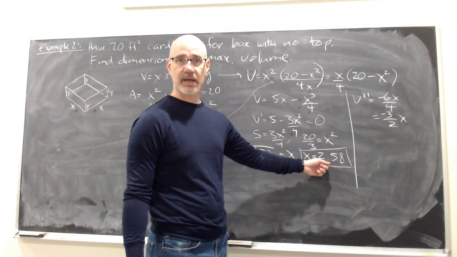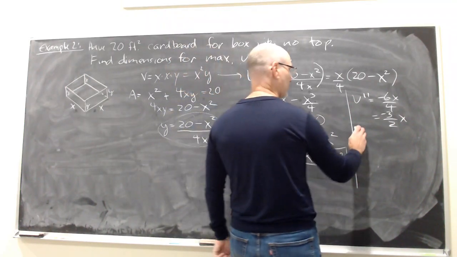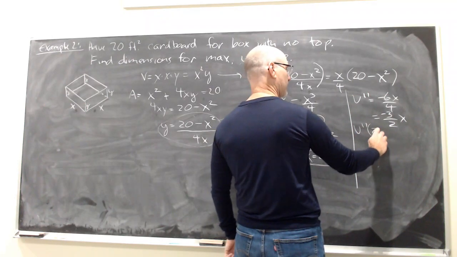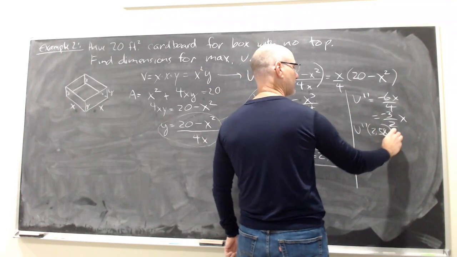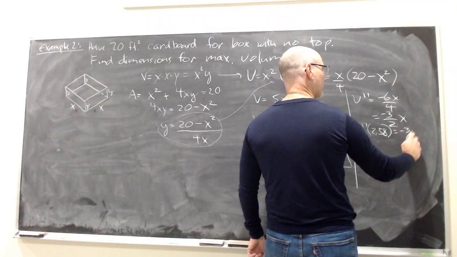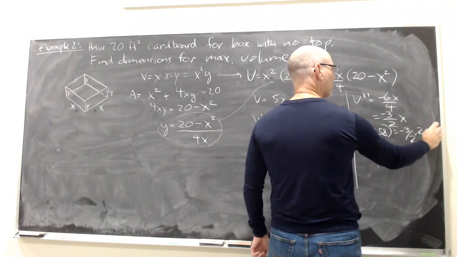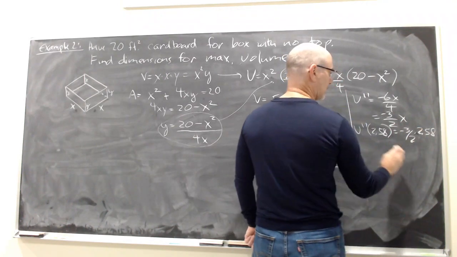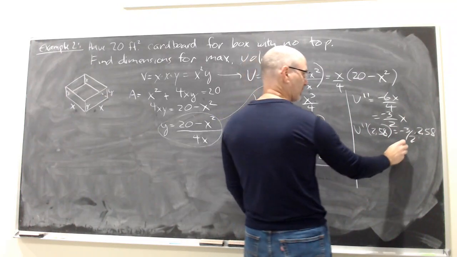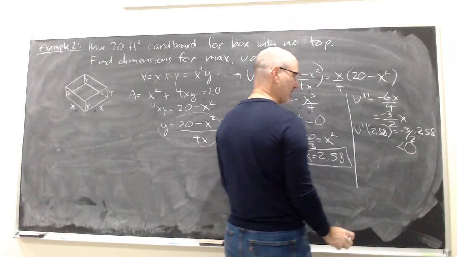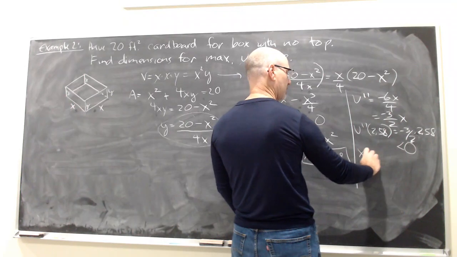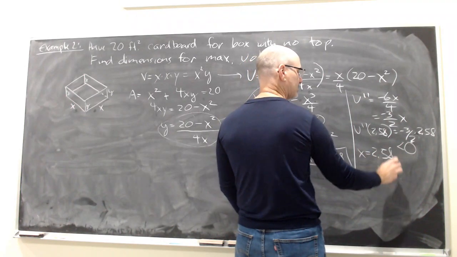I have minus 3/2 times 2.58. So at 2.58, minus 3/2 times 2.58, which is negative, don't care about the value. And so x equals 2.58 is the max.